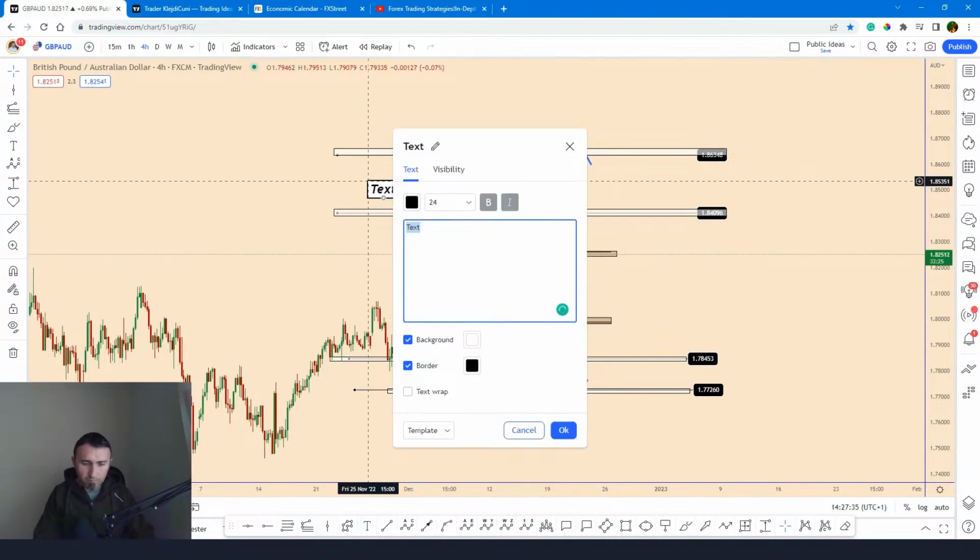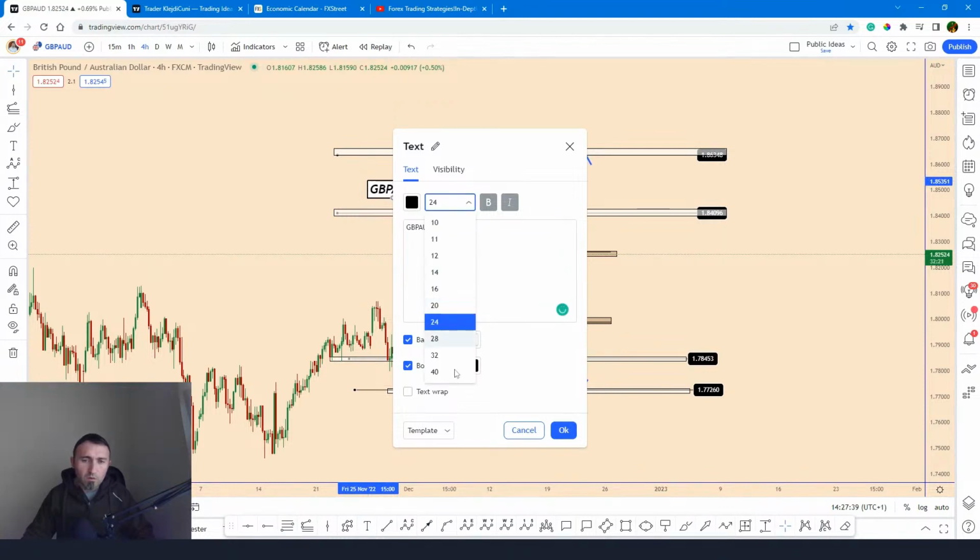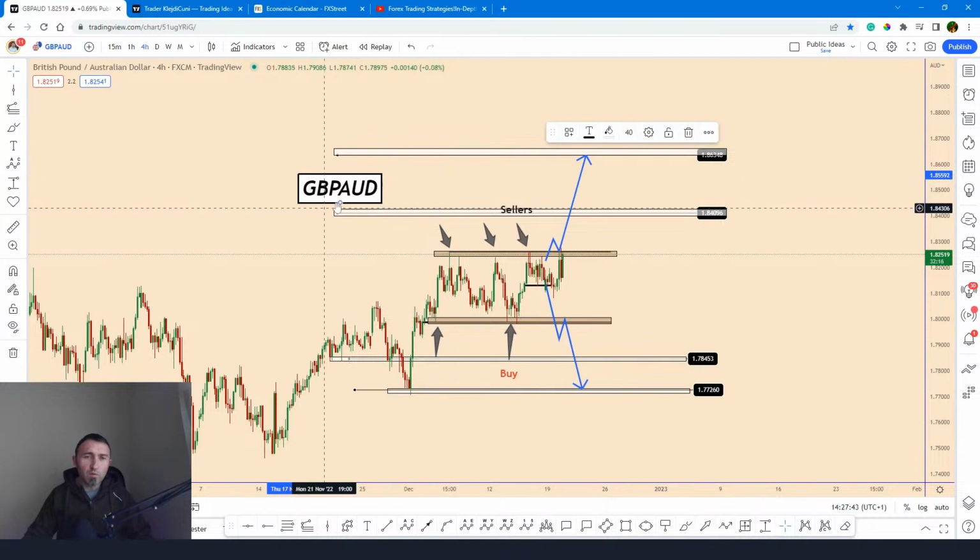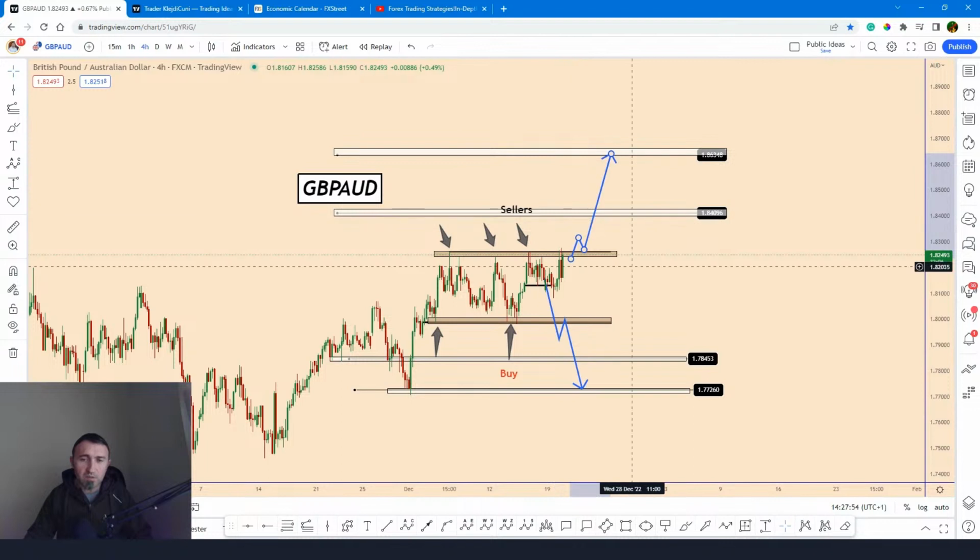Today the Australian dollar has been very weak, and on the other hand we have seen the cable to be strong, weak, flat most of the time. So this is something very strange.